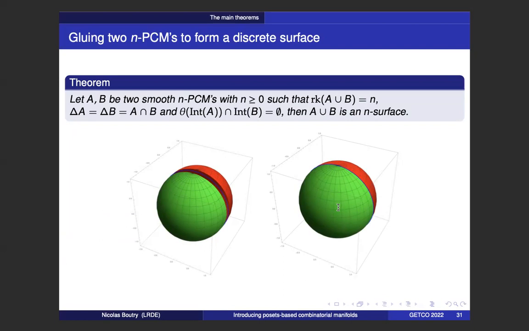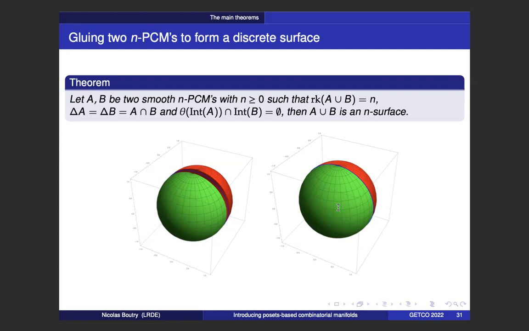So the main theorems are very intuitive. At the end, you imagine that you have two n-PCMs which have the same border. We have some additional conditions which are very natural. For example, we have not an overlapping, a strange overlapping of two manifolds.